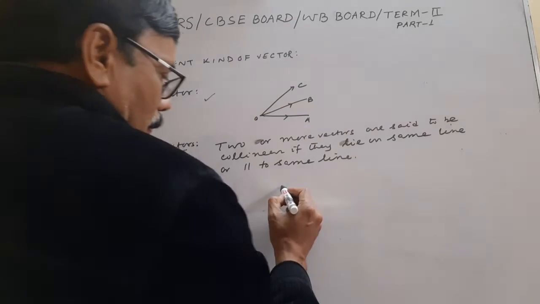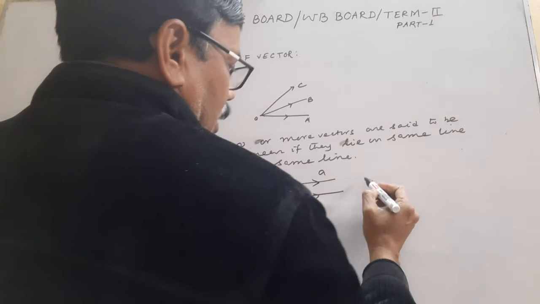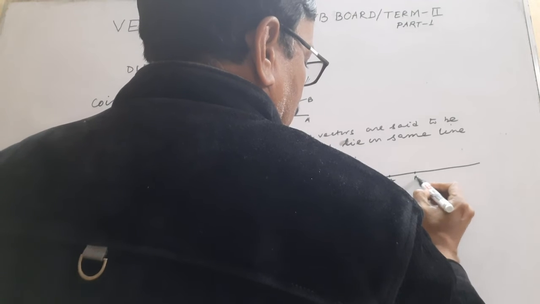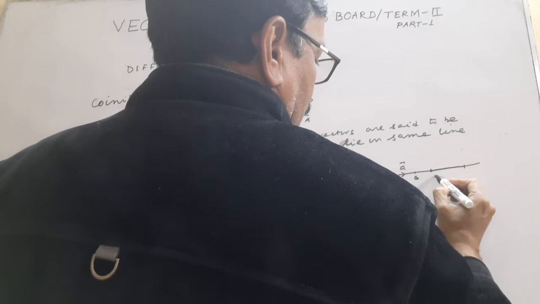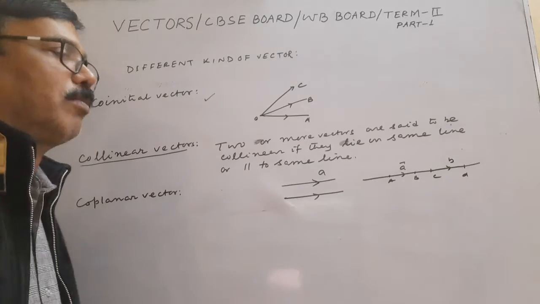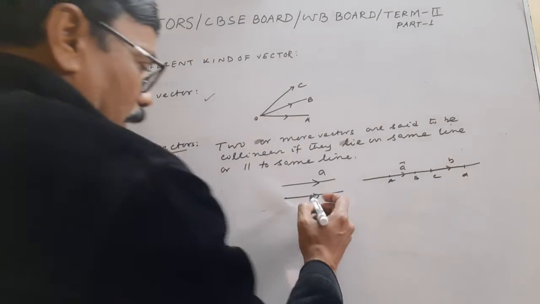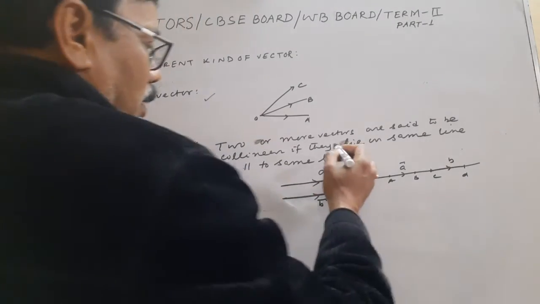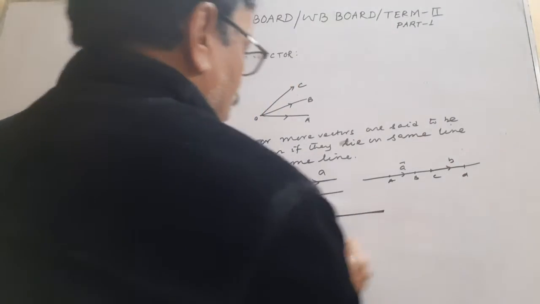So look, this is vector A, AB, and CD is vector B. They lie on the same line, so A and B are collinear. Here A and B are not on the same line, but parallel to the same line.